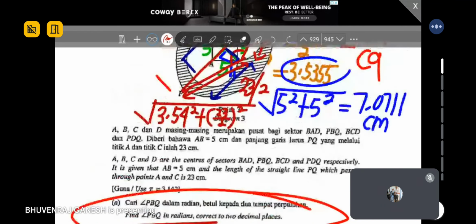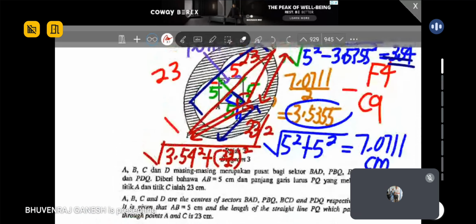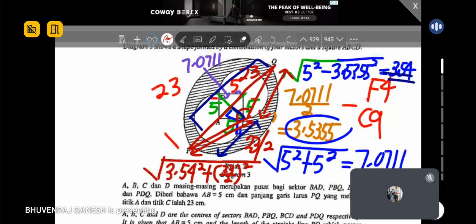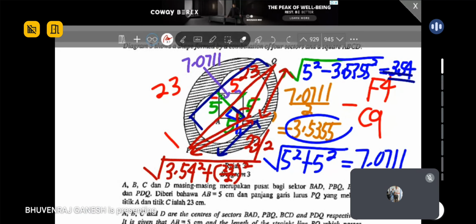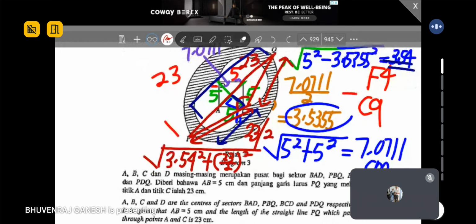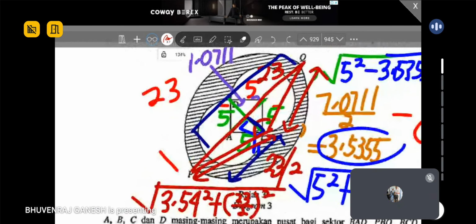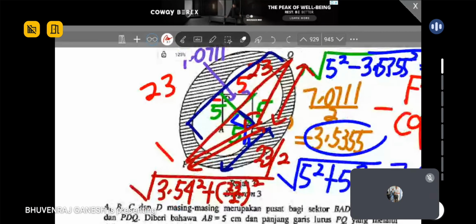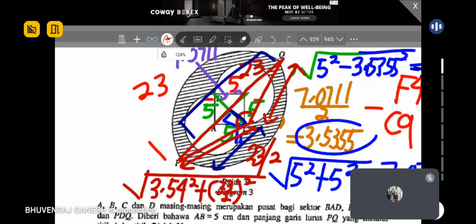So how to find the perimeter of the outside? You just need to take your PB. PB just now you guys got the answer already. PB equals 12.03. And then your 2.55, guys. Over here the concept is actually your length of arc formula, s equals r theta.